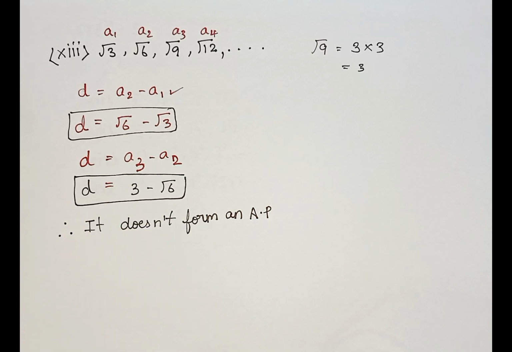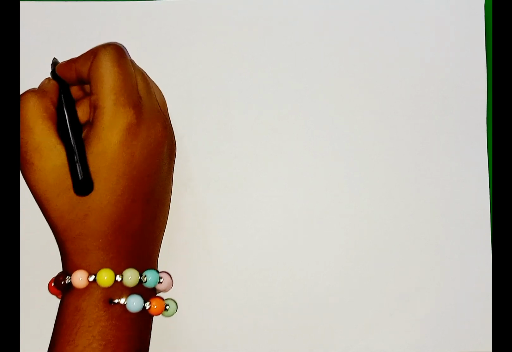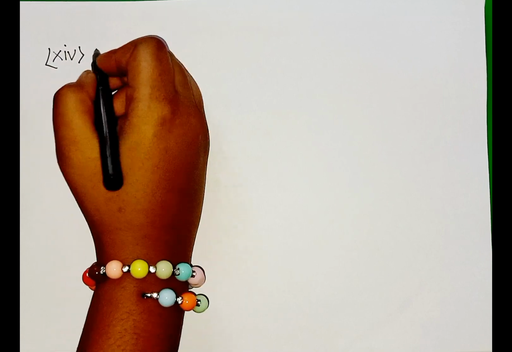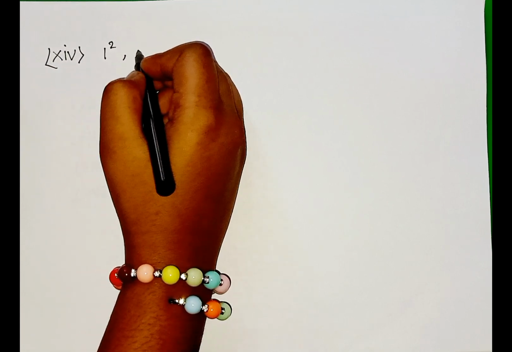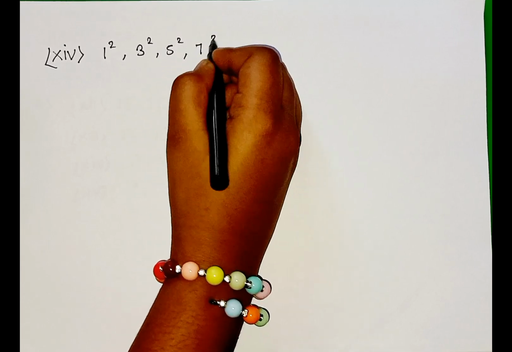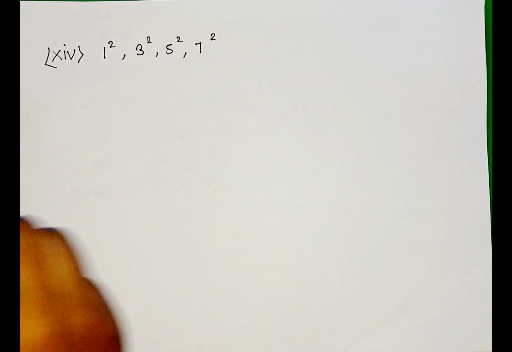Alright guys, so now let us solve the 14th subdivision. Okay, so this is the 14th subdivision. There is 1 square, comma 3 square, comma 5 square, comma 7 square. Now let us take it off from this square.